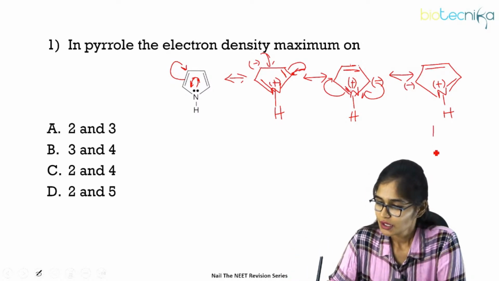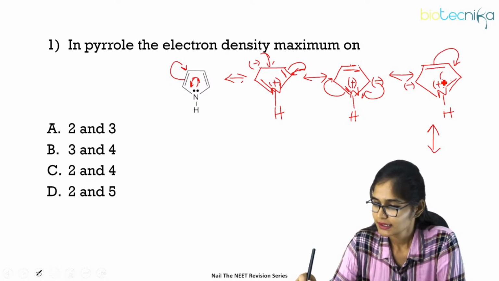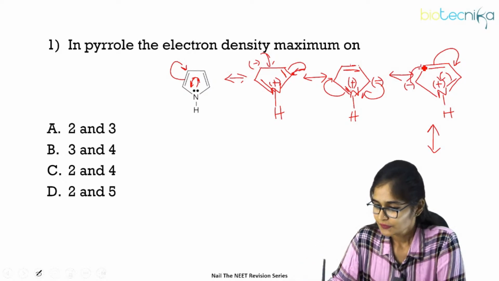Now again, what can I show overall? This double bond will be shifted here, this again here, and this negative charge here, so you can get your pyrrole back.